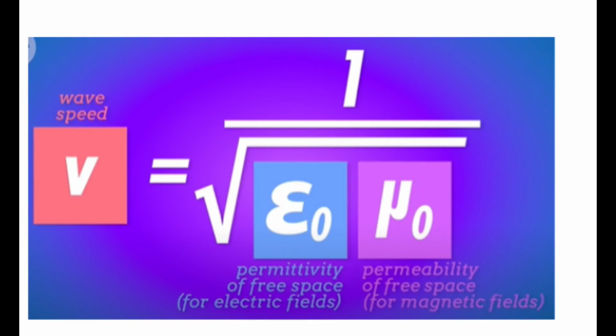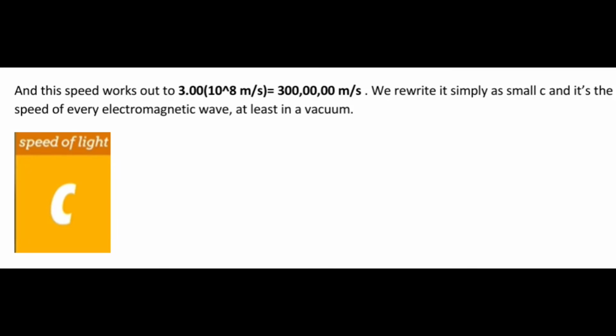This equation simplifies down to an equation with two constants, the permittivity of free space for electric fields, epsilon naught, and the permeability of free space for magnetic fields, mu naught. And this speed works out to 3.00 times 10 to the power of 8 meters per second.